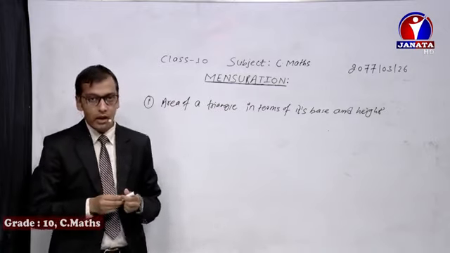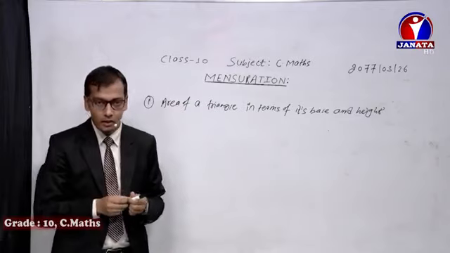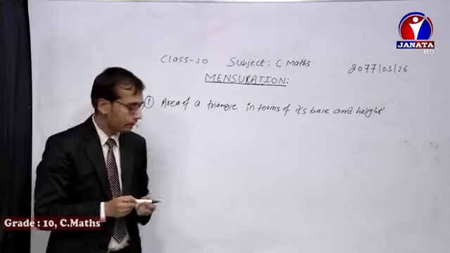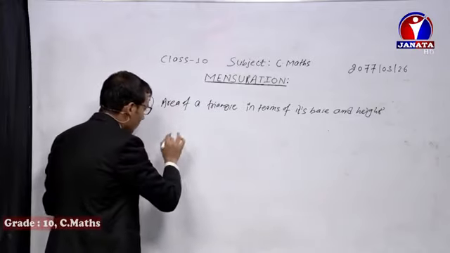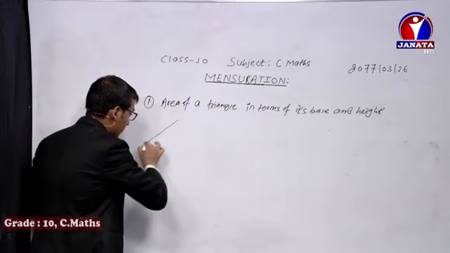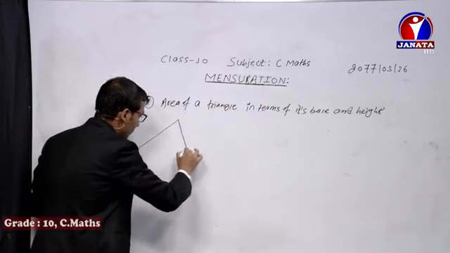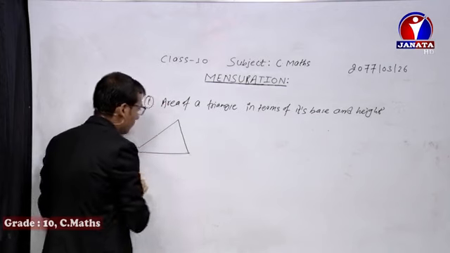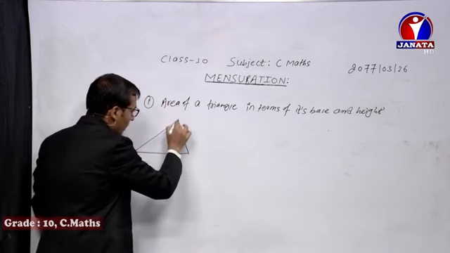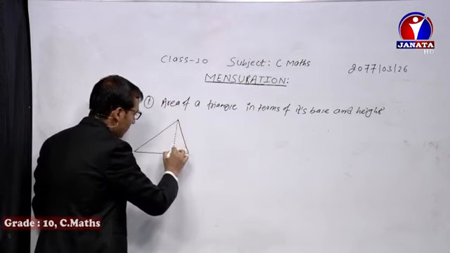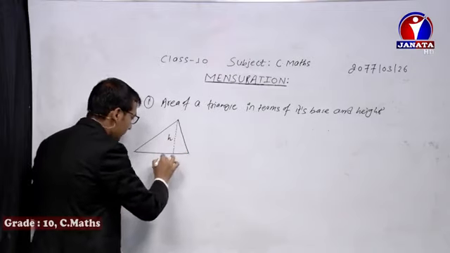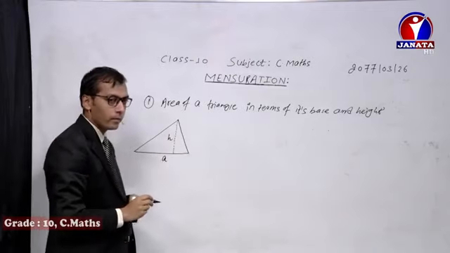However, the area of a parallelogram or rectangle is base times height. For this, let's draw a triangle, and let's draw the height of this triangle. Suppose h is the height and a is the base.